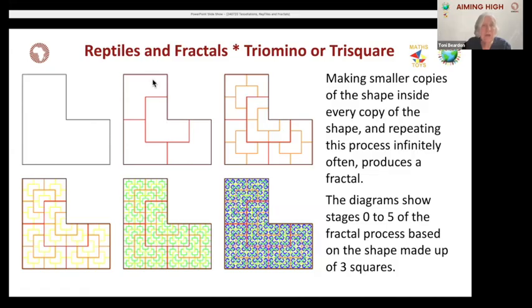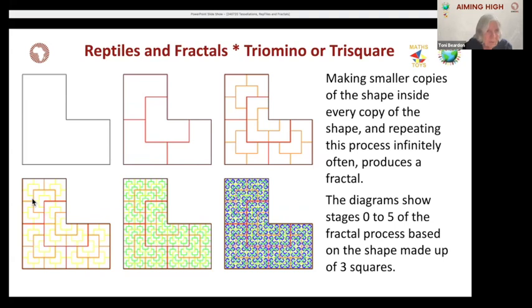So inside this triomino, you can put 4 triominos. You can easily see how that's done. But if you can do it for one that's that size, you can do it for one that's that size. And so inside this triomino, you've got 4 triominos.